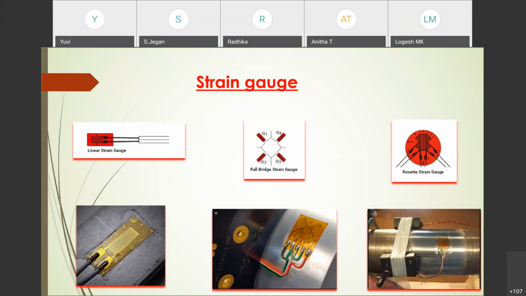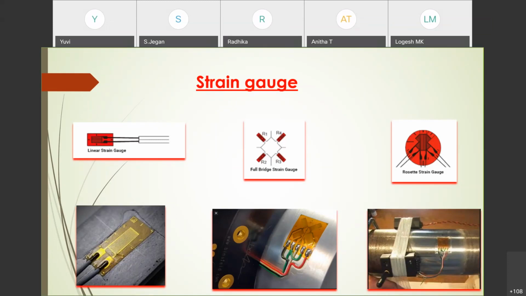The concept of the rosette strain gauge is 3 linear strain gauges attached together, so that you can measure strain in 3 directions at a time. At the same time, you can use 4 linear strain gauges to form a full bridge configuration, and 2 linear strain gauges to form a half bridge configuration. Based on the sensitivity of your data and your requirement, you can choose the bridge configuration.